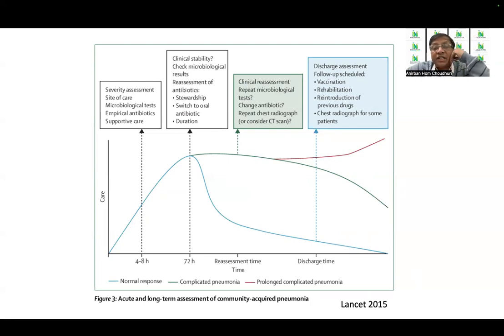At the time of discharge, one should consider vaccination, rehabilitation, reintroduction of previous drugs, and a chest radiograph for some patients. So here you can see the graph where there can be deviation anytime after 72 hours or at the discharge time in terms of the severity.